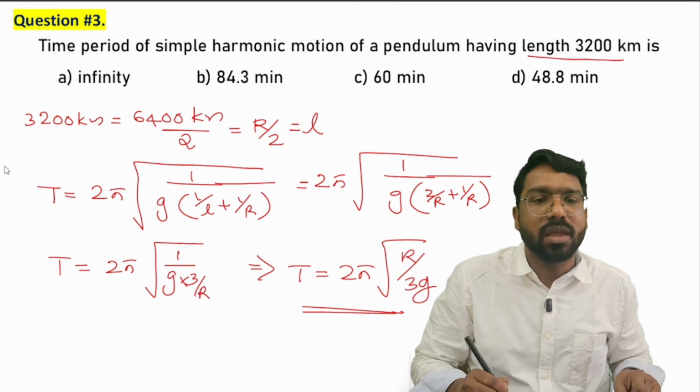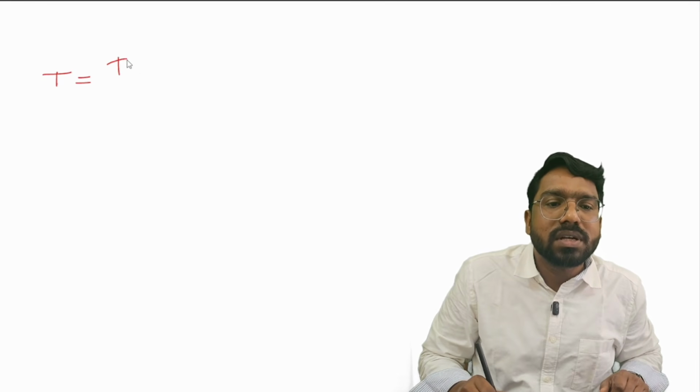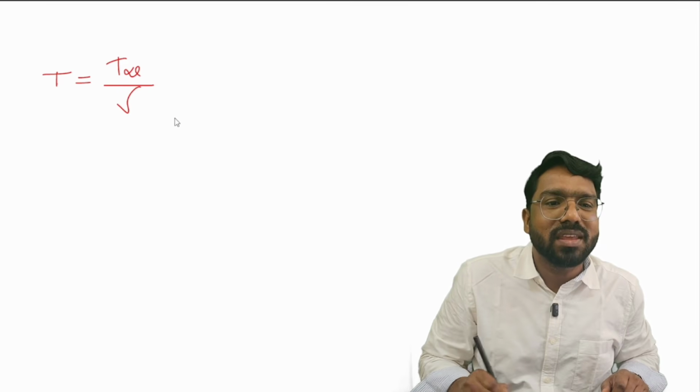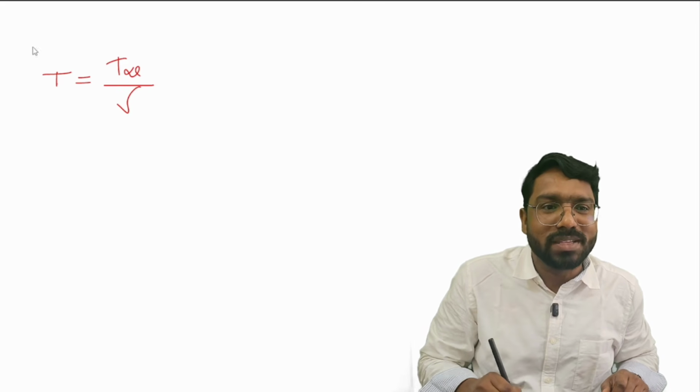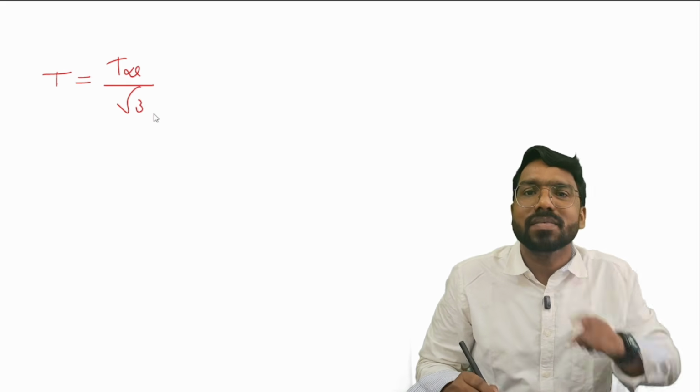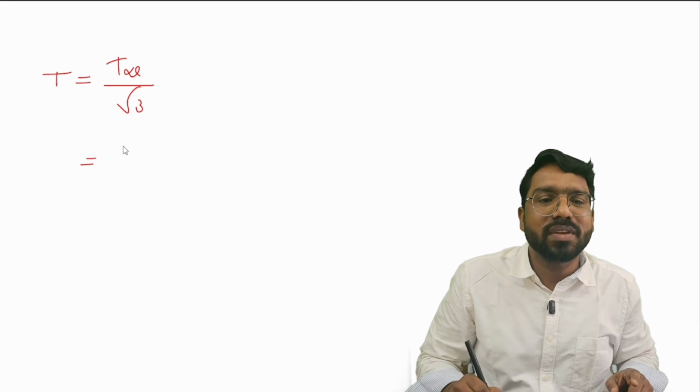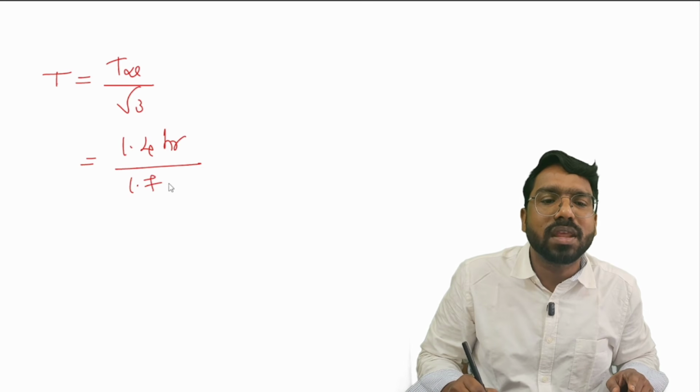How to calculate? T equal to T infinity by root 3. Why T infinity? 2 pi root r by g is T infinity. So T infinity is 1.4 hour, right? What is root 3? 1.732.